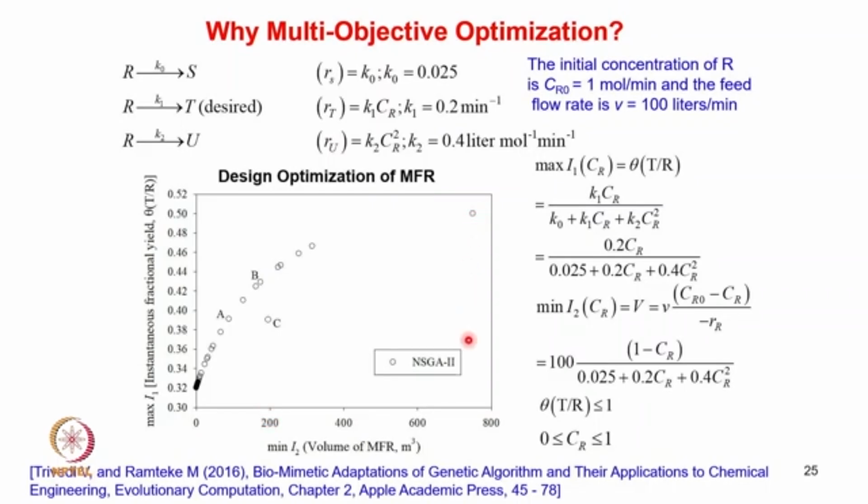If I go here, you can see that the volume is around 750, so a very large volume is required, and that will incur a large cost. But if I operate at this particular point, my volume is around 200, and I am getting a reasonable value of the instantaneous fractional yield. So clearly getting such a trade-off is very important, because once we get it, we can select a desired operating solution and go ahead based on that.